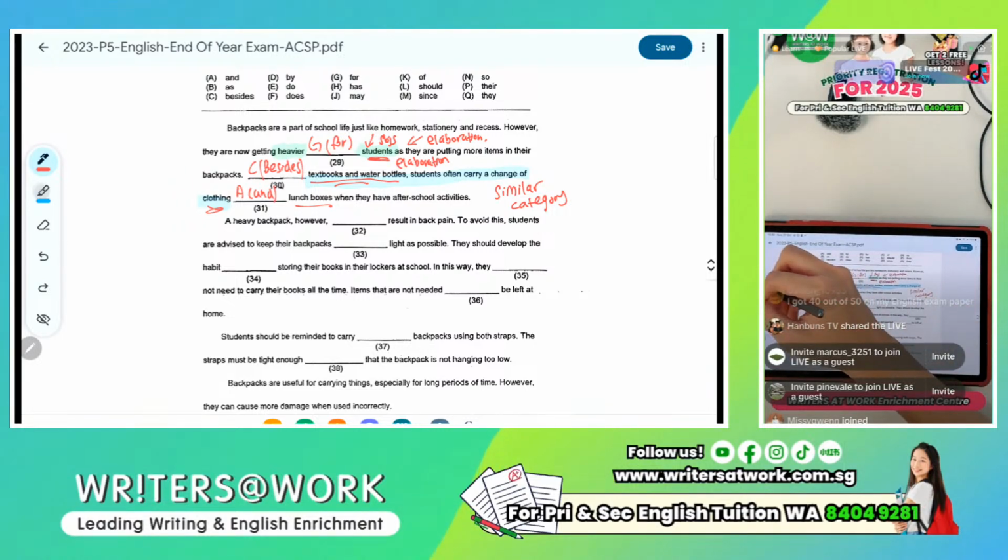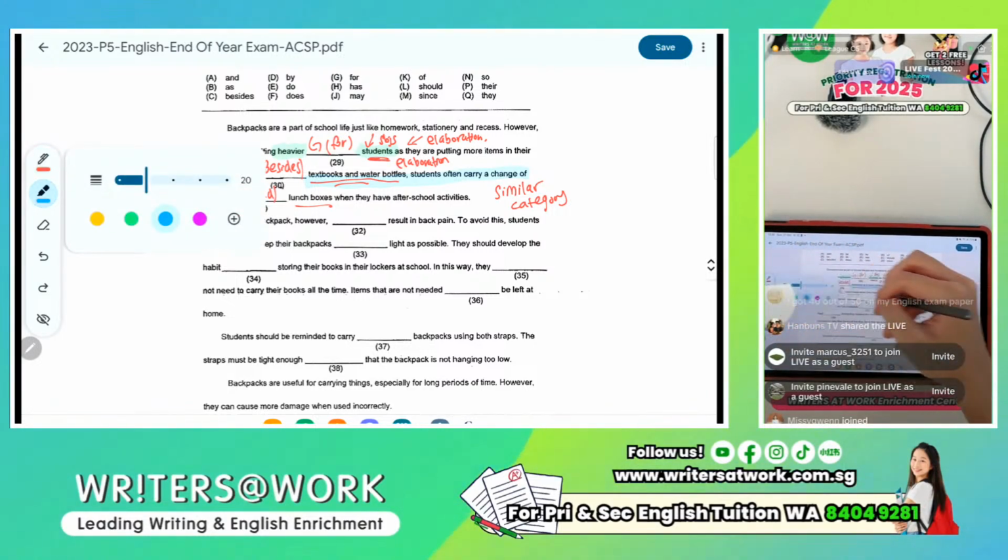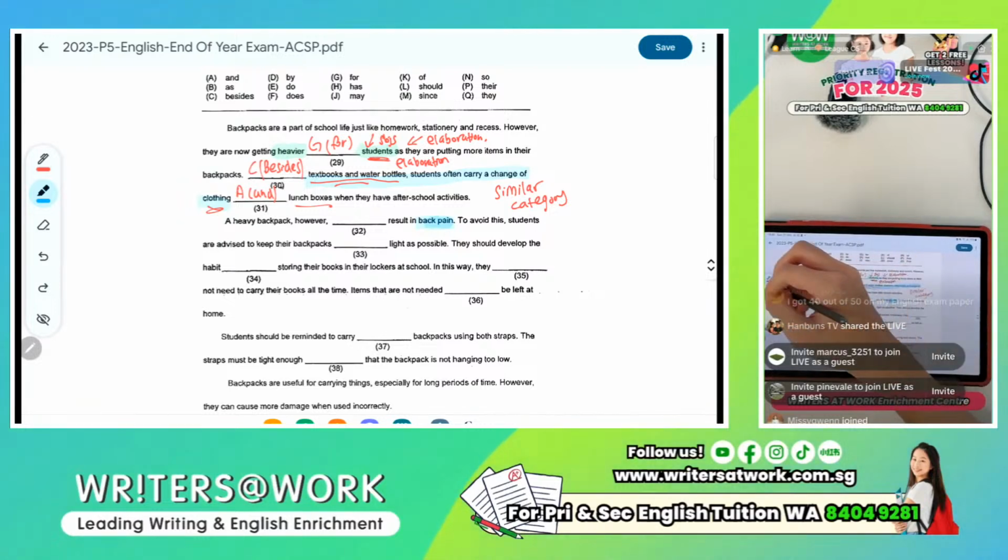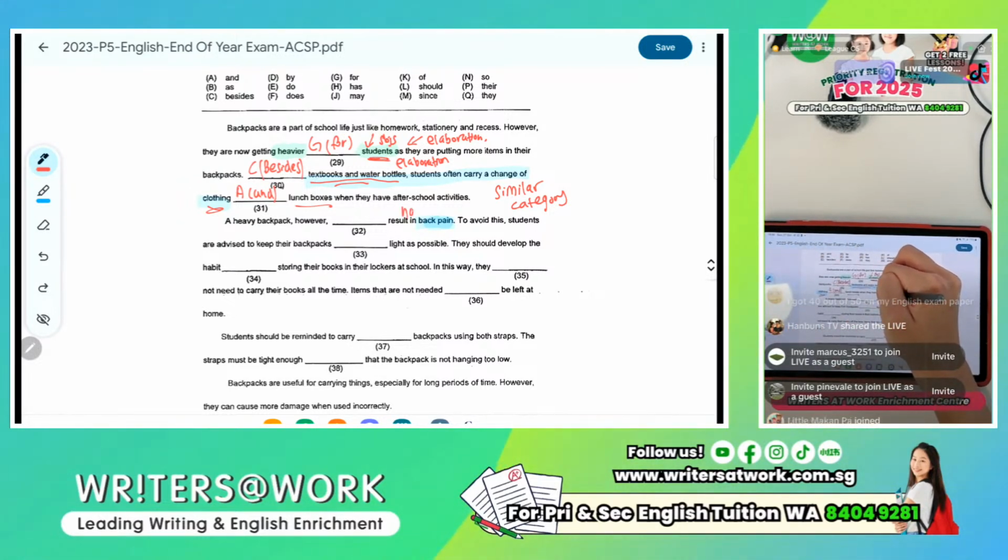So this consequence here, which is back pain, is not 100%. That means not every student with a heavy backpack will be suffering from this pain. So we want to show possibility, we will use may result in back pain.